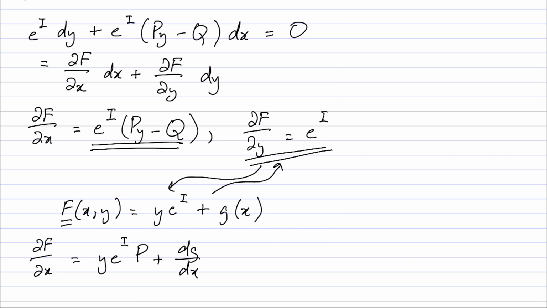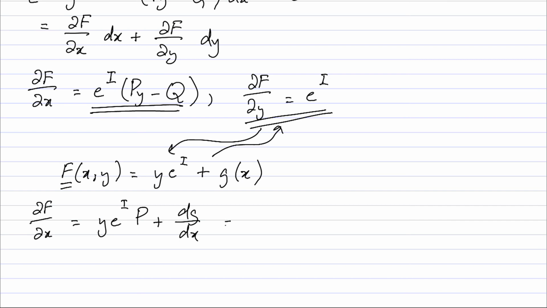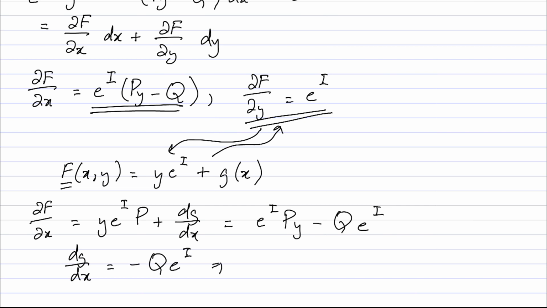And this of course is nothing but e raised to power I (py minus q) e raised to power I. So from this I can immediately figure out that dg by dx is nothing but minus q e raised to power I. So this implies that g of x is equal to the integral of minus q e raised to power I dx plus a constant.